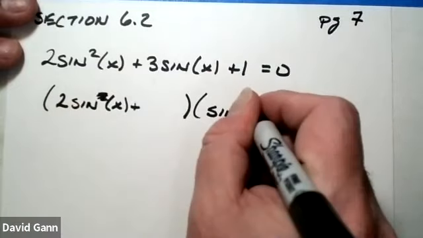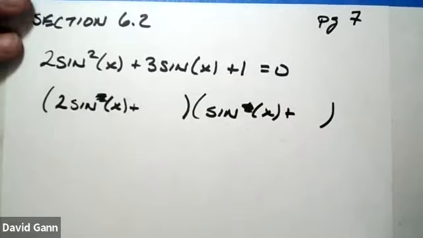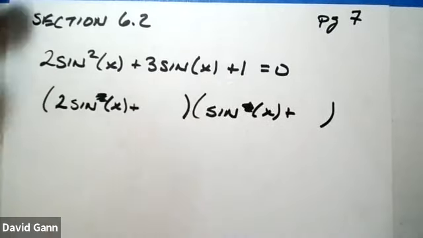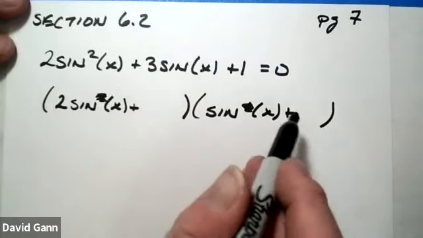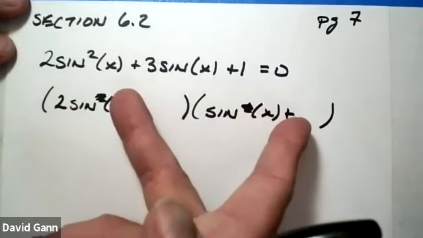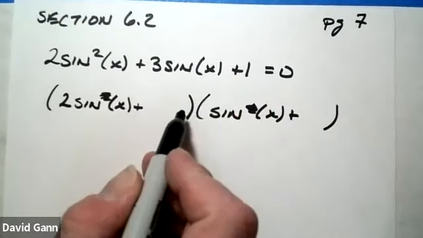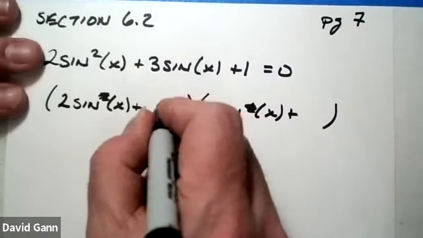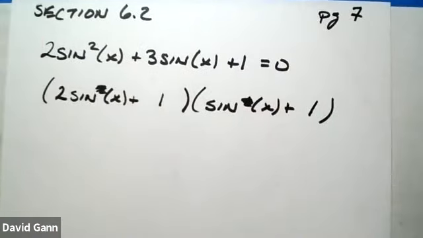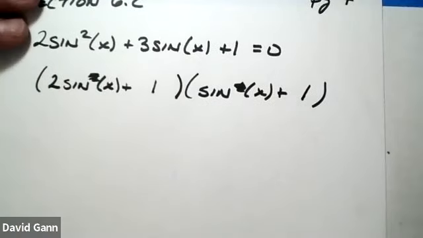What I need is for the outside plus the inside, when you FOIL this out, to add up to 3 sine of x. And it turns out that's pretty simple. It's just 1 and 1. So there's our complete factorization of this quadratic equation.